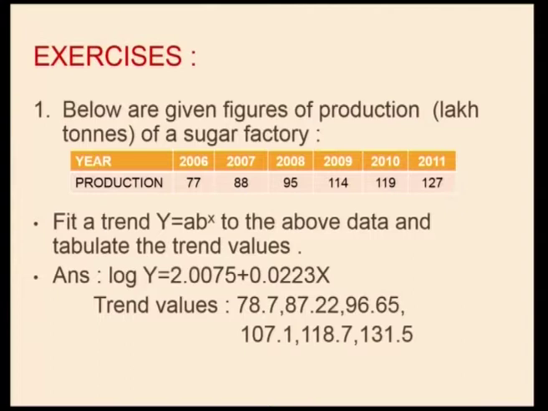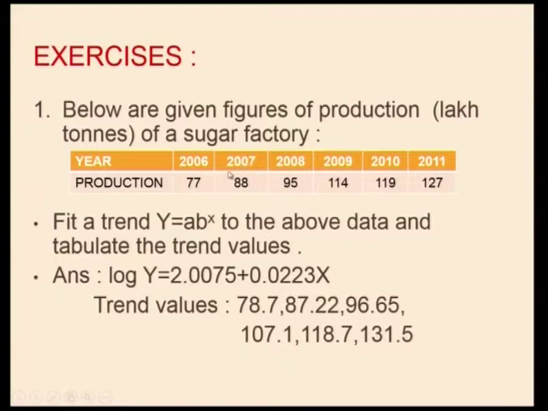Below are given the figures of production, in lakh tons, of a sugar factory. He has given the year and production, from the year 2006 up to 2011, so we have 6 years. Production is 77 lakhs, 88 lakhs, 95 lakhs, etc., 127 lakhs. Fit a trend line y is equal to a b power x to the above data and tabulate the trend values.